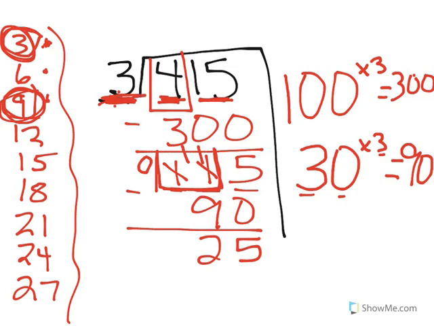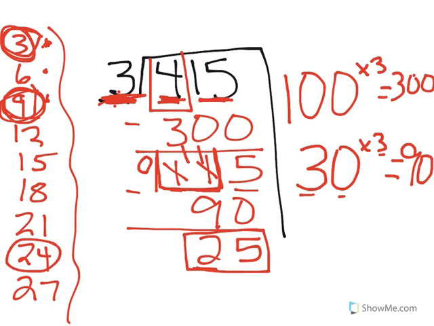Well, I notice that my divisor 3 is bigger than my 2. So I have to box in a bigger number of digits. I have to box in both the 2 and the 5. So what I'm going to do is see how close I can get to 25.